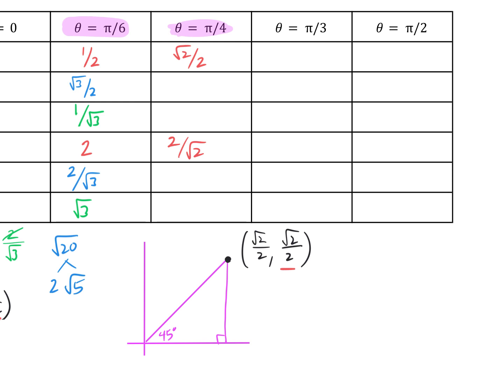Now my cosine. Cosine is what value? Your x. So this one's also going to be square root of 2 over 2, which means my secant value will be 2 over the square root of 2.